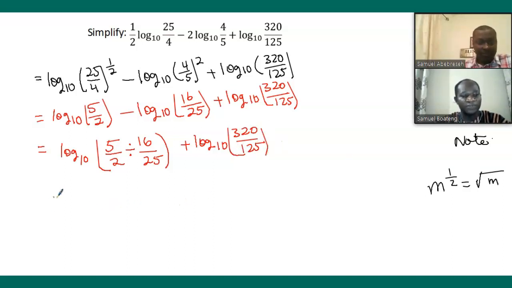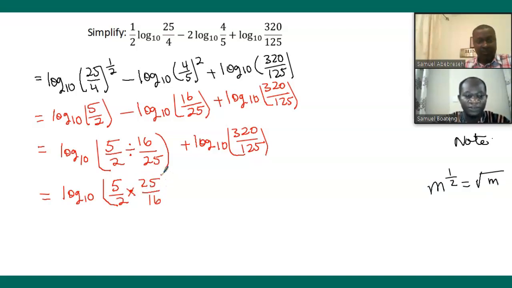Good. So let's come to the next step. So we have log to the base 10, bracket open 5 on 2. And anytime you're dividing a fraction, we change it to multiplication. So times, then you interchange the numerator and the denominator. Good. Plus log to the base 10, 320 on 125.